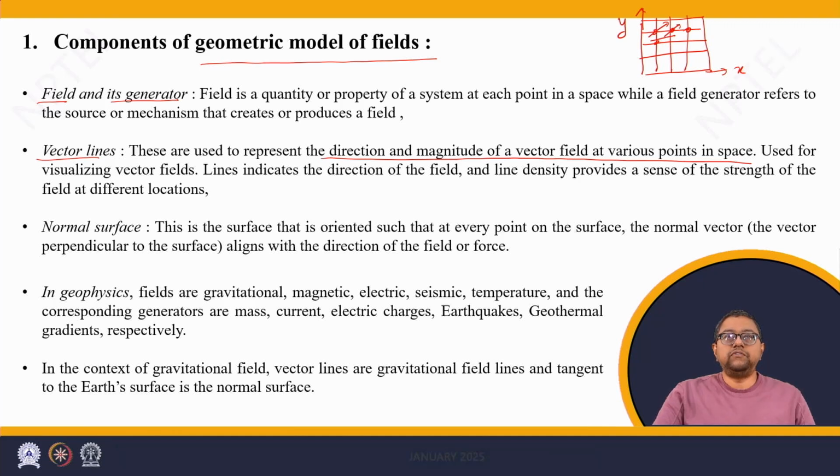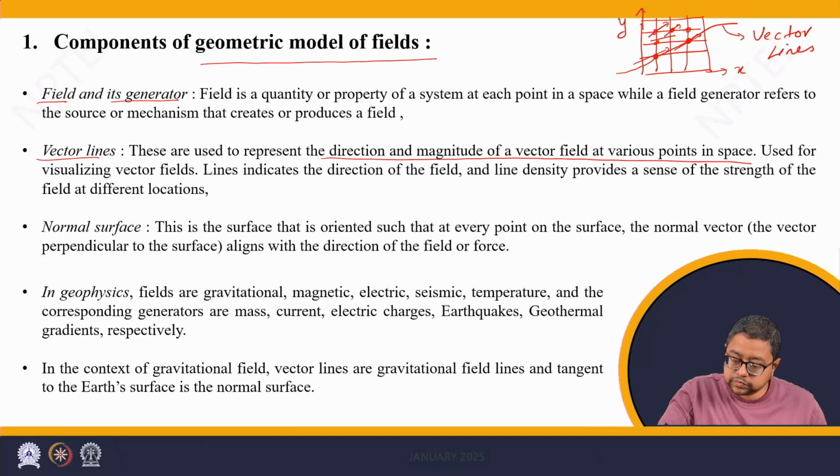Similarly, we can construct vector lines by joining such arrows. Consider these two arrows and a line joining them. So that would be an example of vector lines. So these vector lines are useful for visualizing vector fields. The lines indicate the direction of the field, and the density of the lines produces a sense of the strength of the vector field.